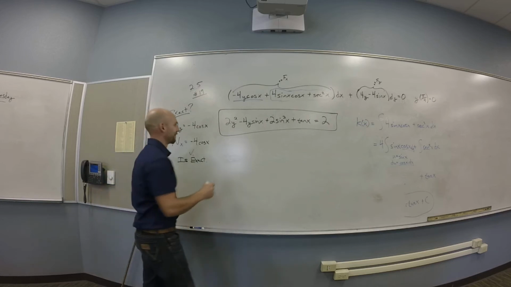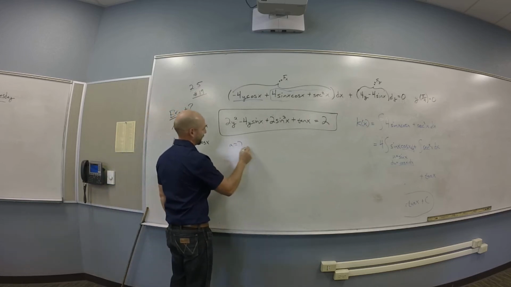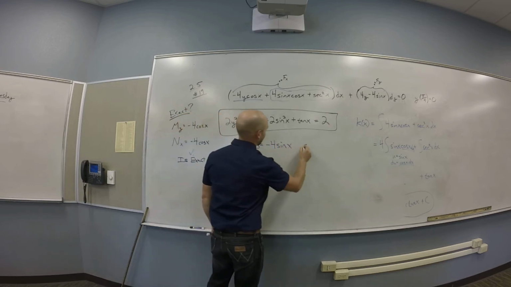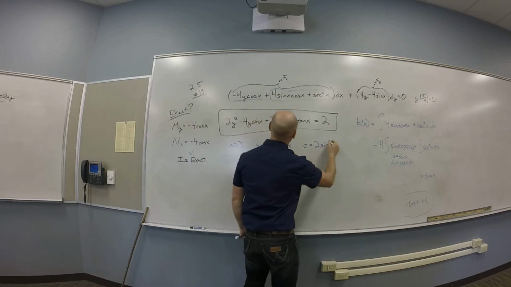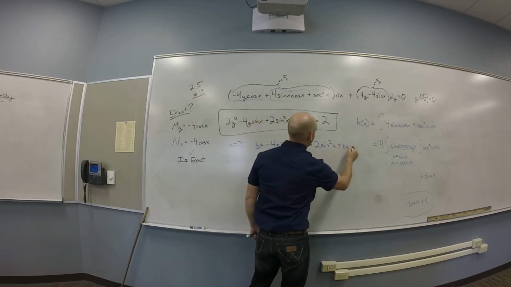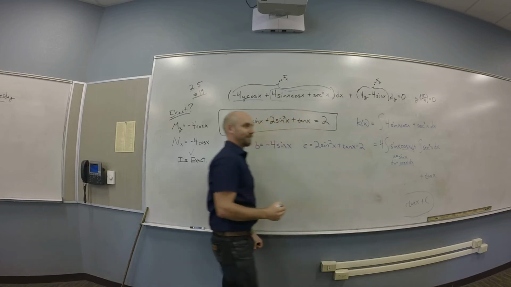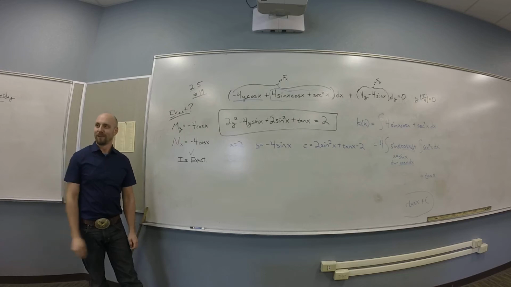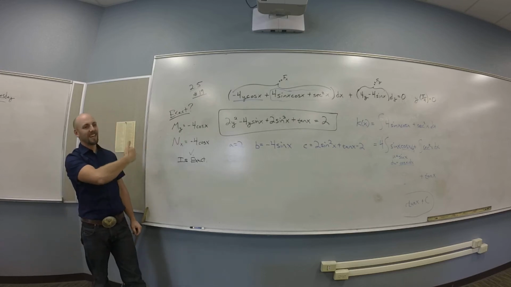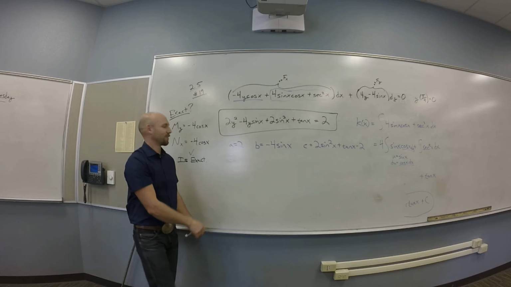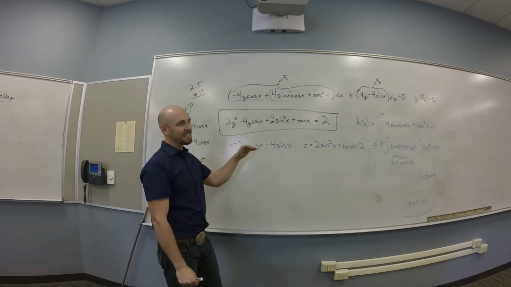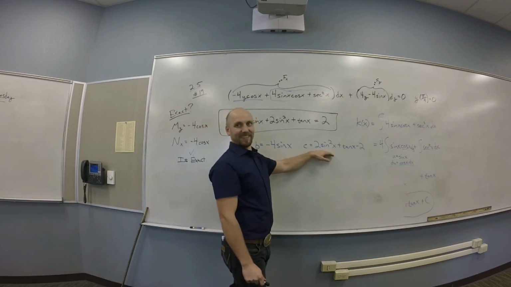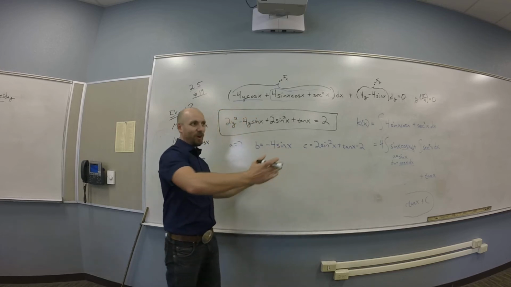This is quadratic in y. Move everything to one side, and then everything attached to y squared is a, everything attached to y is b, and everything else is c. And then, sure, go nuts.